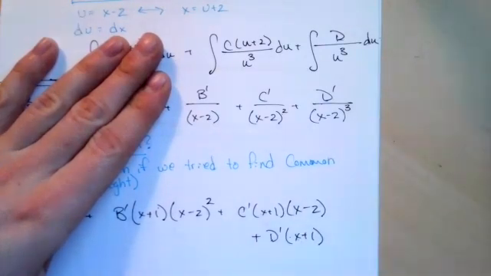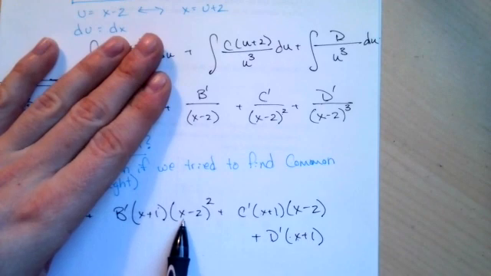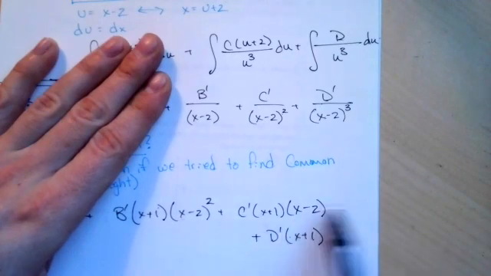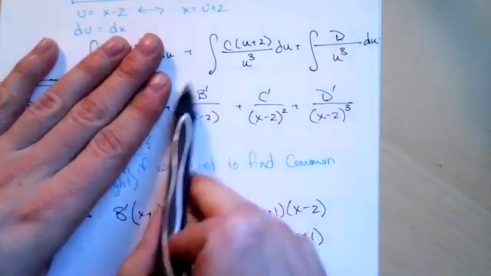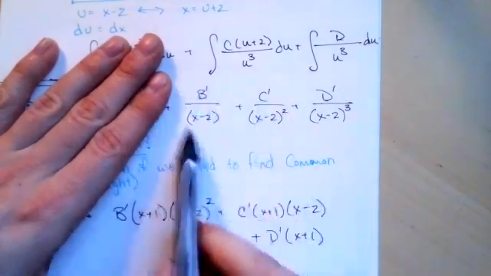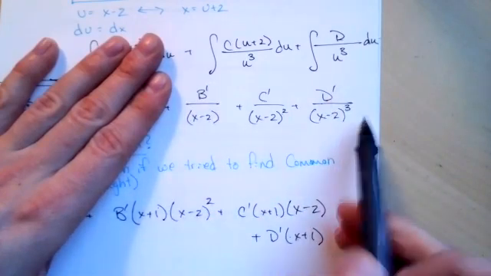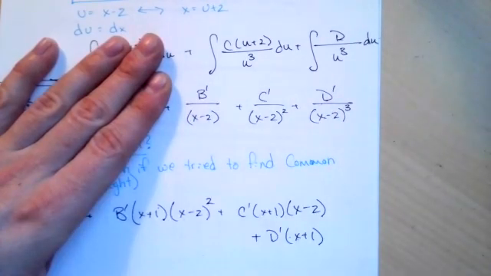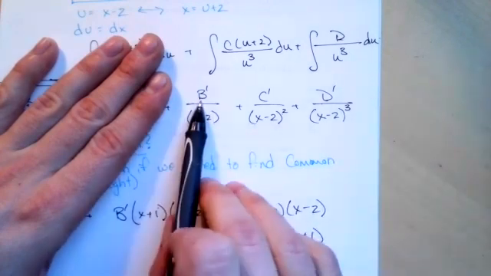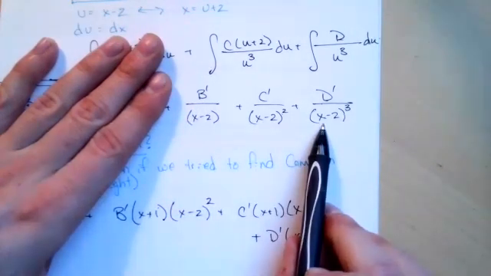And what would result if we combined all those terms, expanded everything out? What degree of a polynomial would we have? We'd have a degree 2 polynomial plus some linear terms and, of course, constant terms. So you could theoretically start from here, combine only these three in a common denominator, expand everything out in the numerator, and you'll end up with another generic polynomial of degree 2 in the numerator divided by x minus 2 cubed.